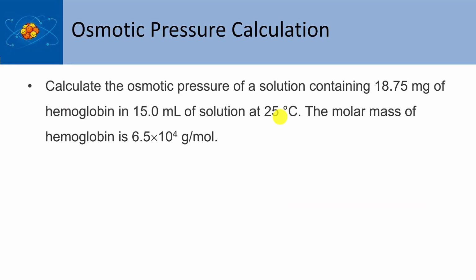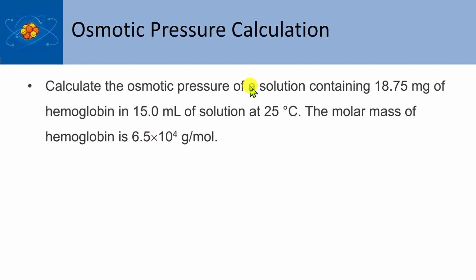So we're going to calculate the osmotic pressure of a solution that contains 18.75 milligrams of hemoglobin in 15 mL of solution at 25 degrees Celsius, and the molar mass of hemoglobin is 6.5 times 10 to the fourth grams per mole.